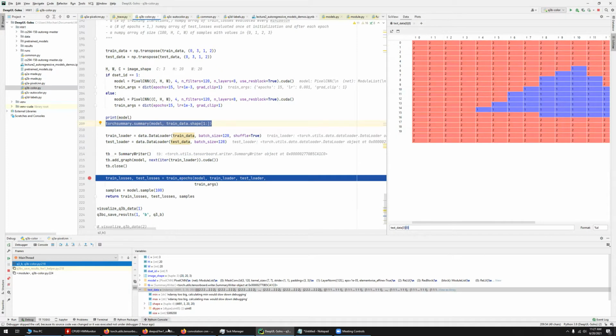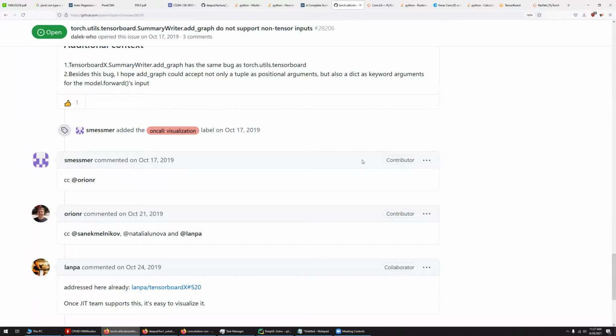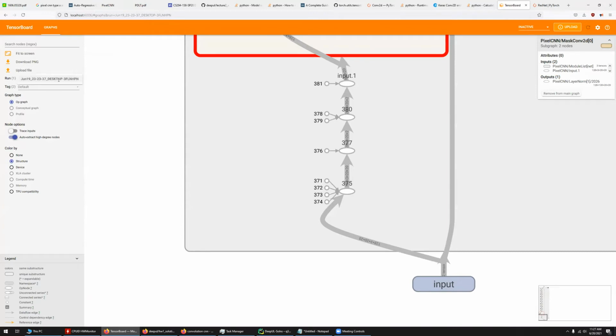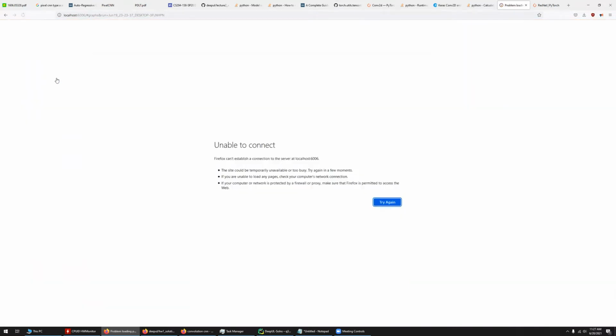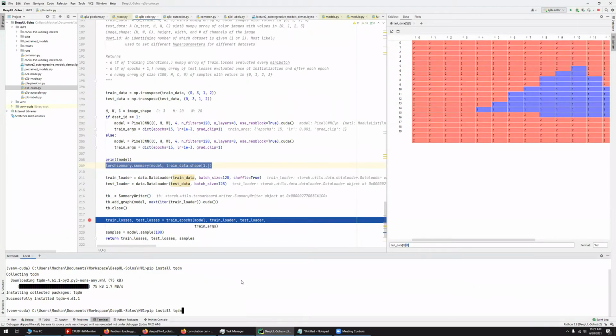So I have that also, but it wasn't as useful, so I haven't used it extensively. So let me see where I put the TensorBoard. The TensorBoard. So these are the different. Oh, sorry. To run TensorBoard first.